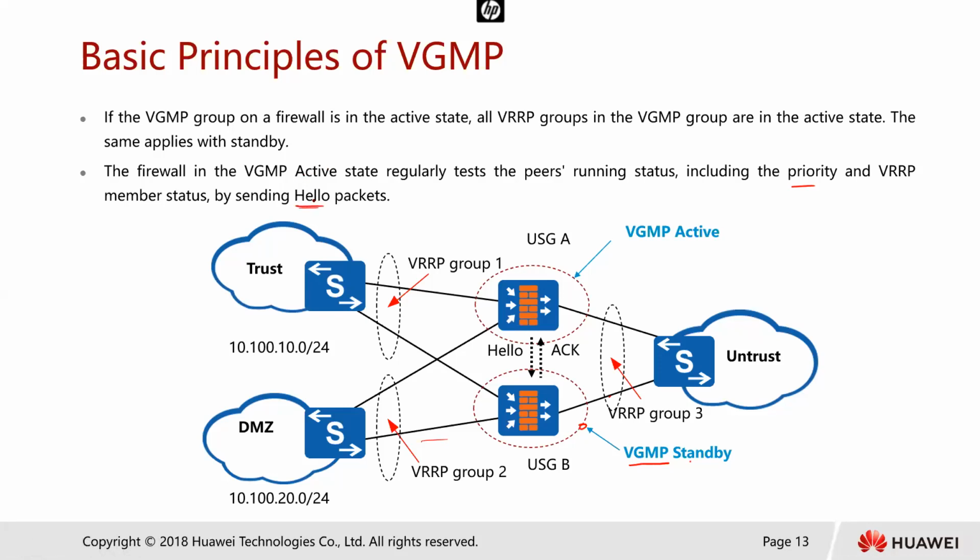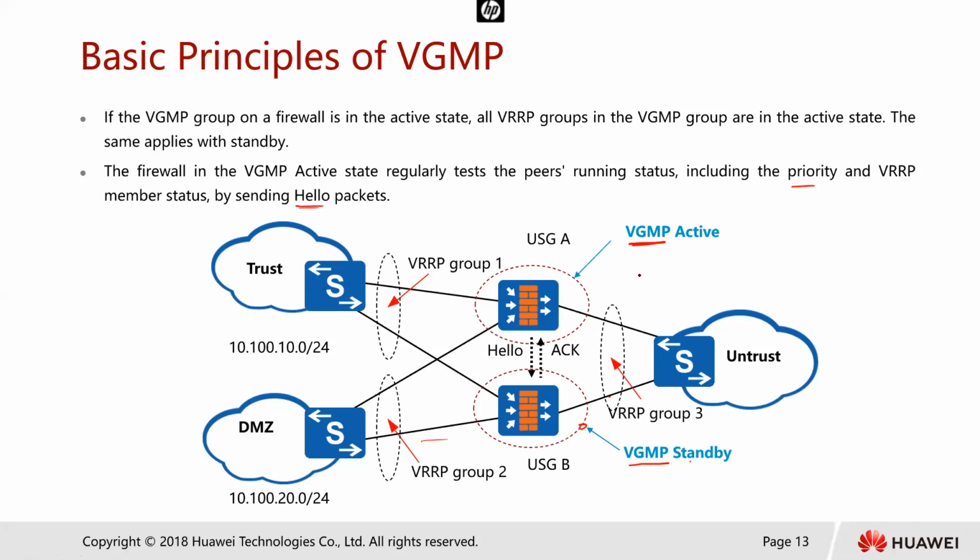They use the hello packets to determine that this guy is up and this guy is down. So you can specify the VGMP group status to determine the active or standby firewall. If the VGMP group on the firewall is in the active state, then all Vrrp groups in the VGMP group are in the active state.